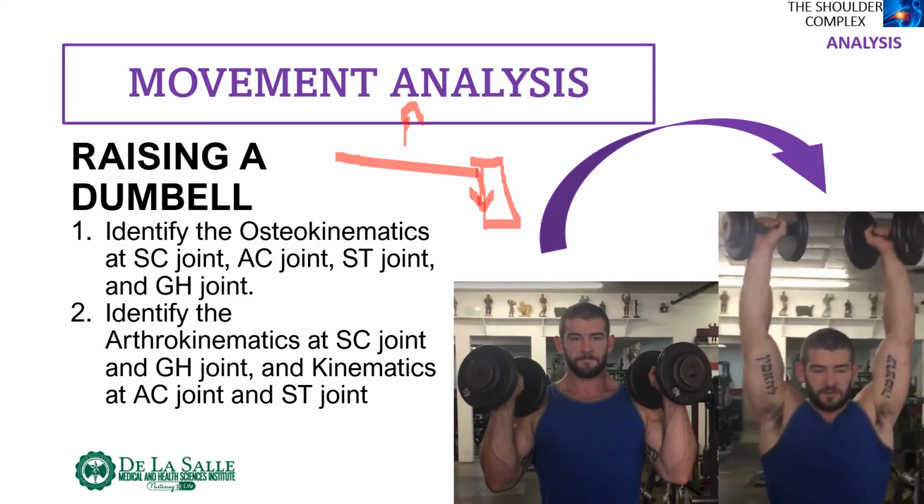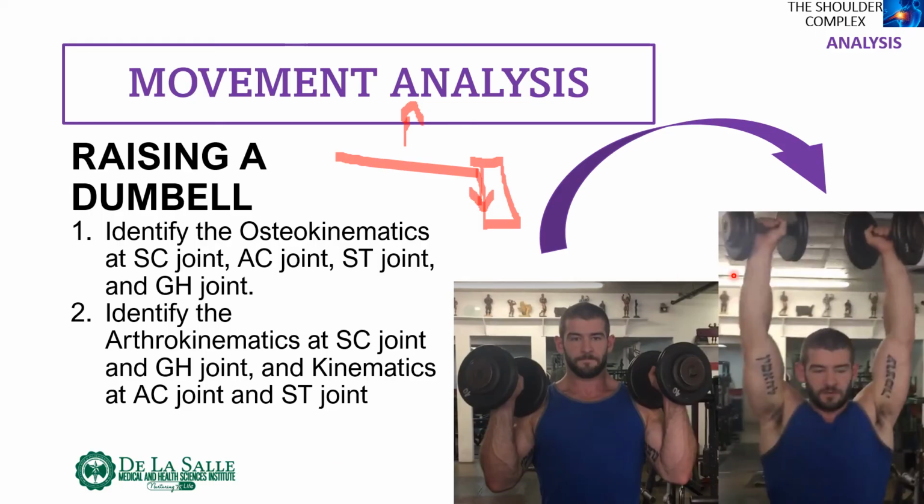Why? Because it's the convex that's moving, so opposite rule, on the concave articular surface of the clavicular facet of the sternum. Okay, for the posterior rotation or upward rotation of the clavicle, the clavicle just spins on the articular disc of the sternoclavicular joint.